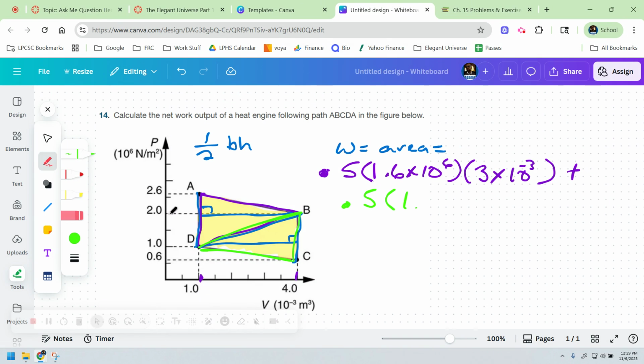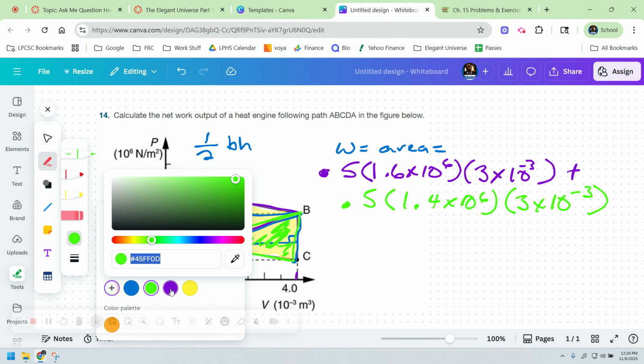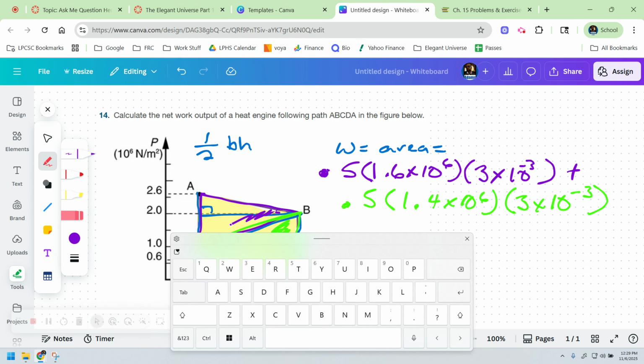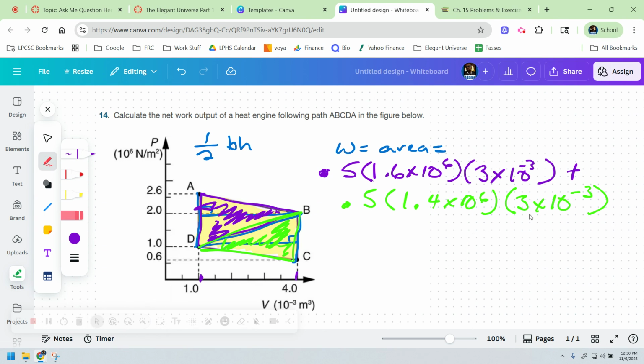Because I've got 2 minus 0.6, so that would be 1.4 times 10 to the 6th, times, I think the distance is the same here, that would be 3 times 10 to the negative 3, right? So all the stuff in green is finding the area of this triangle. All the stuff in purple is finding the area for this triangle. And then we're going to add those up.